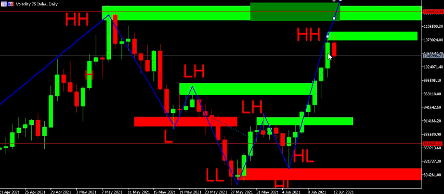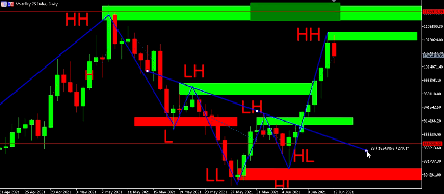All right. So that's that for the daily chart. But before I go to the 4-hour chart, if you look at what happened around this zone, we have more like an inverted head and shoulder.